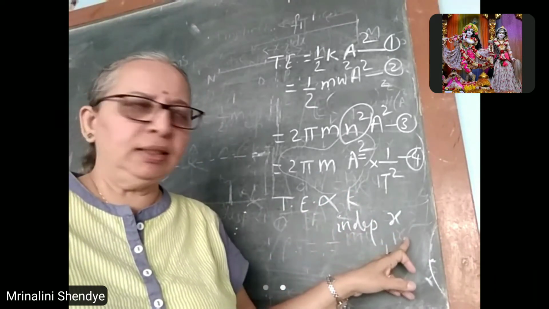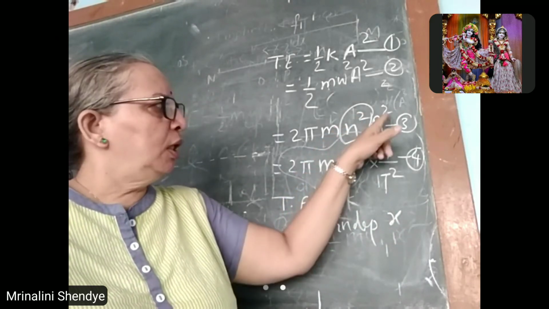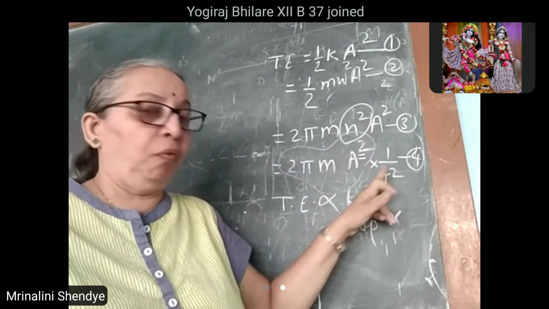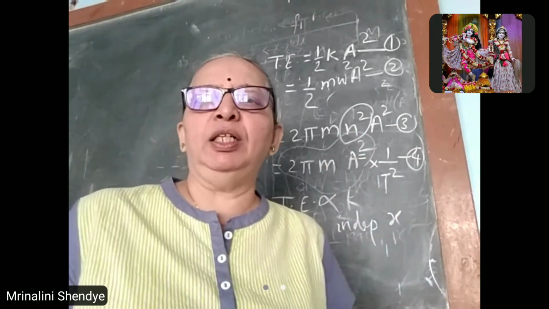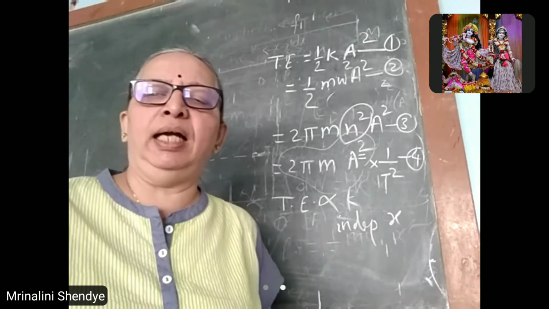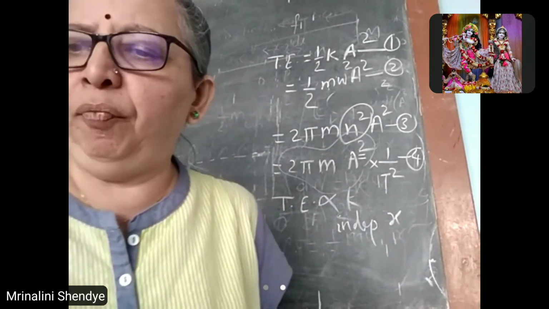Independent of x, proportional to square of the frequency, proportional to square of amplitude, and inversely proportional to square of the periodic time. You can find these factors by just rearranging and rewriting the expressions in terms of a number of variables.